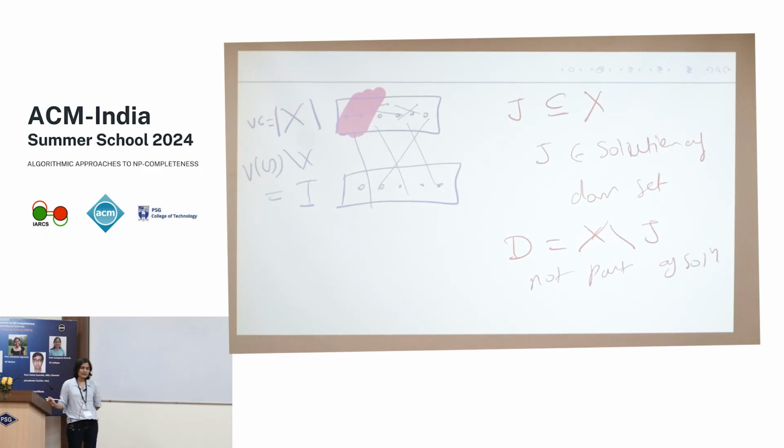Okay, what can you say about neighbors of J? Are they all dominated? Yes, right? What can you say about the vertices which are not neighbors to J? They are not dominated. What about those type of vertices if they are in independent set?